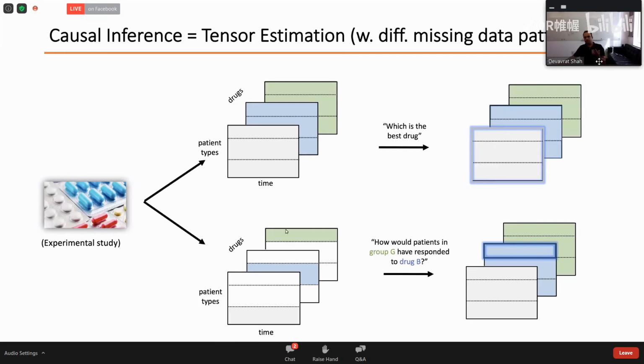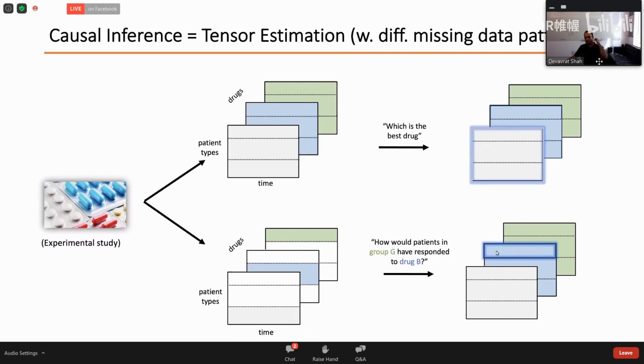On the other hand, you might say, well, I don't want to just have one drug for all the patients, because I know that there are young patients, there are old patients, there are patients of type A, there are patients of type B. So maybe I want patients of type A to have one type of drug and patients of type B to have another type of drug. And I don't want to do all of these experiments, but maybe patients of type green might have drug A, patients of type blue might have drug B, and patients of another type might have drug C. And just based on these sparser observations, can I still make a decision about what is the best?